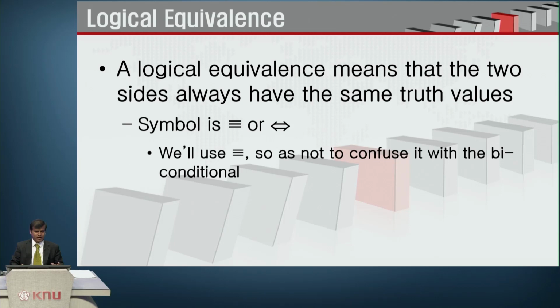But one thing, don't confuse it with the biconditional. Biconditional is not the same as logical equivalence. For logical equivalence, you can also think about the conditional and contrapositive, inverse and converse; they are logically equivalent.